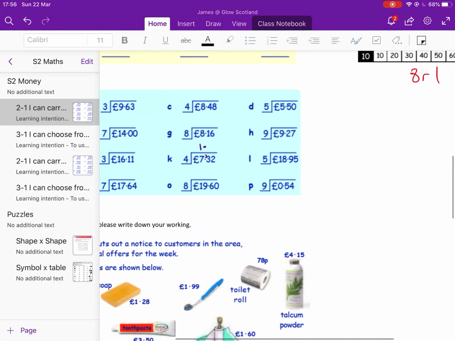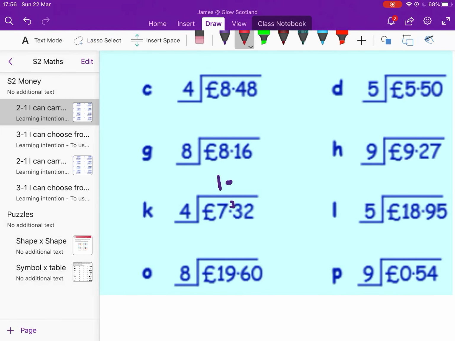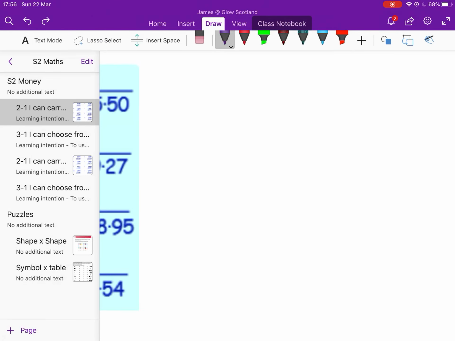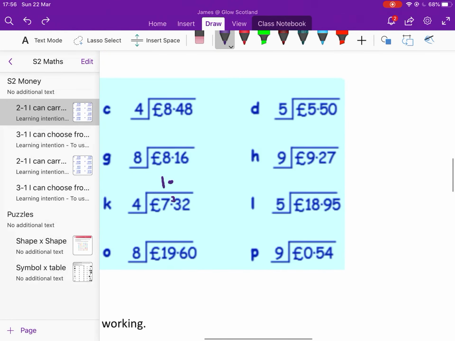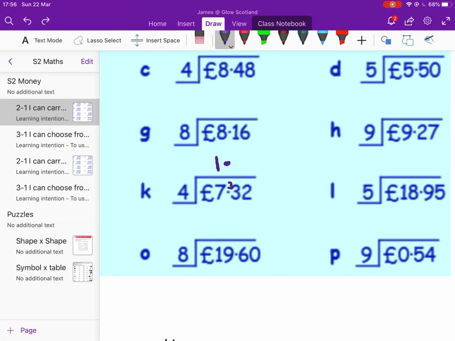So I need the 1 to get from 32 to 33. Back across to my question. So that was 8. Oh, wrong colour. So 8 in here. It's really messy. I'm trying to do it too much in a hurry now. So 8. There we go. Alright, and then I had a remainder of 1.